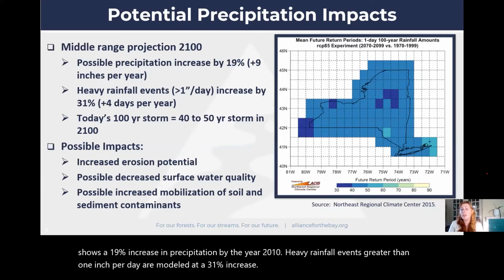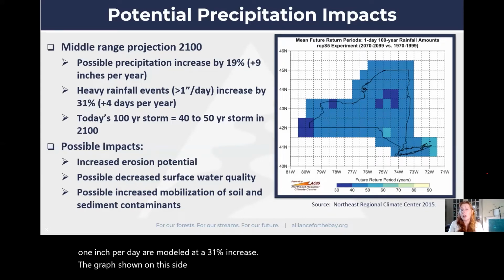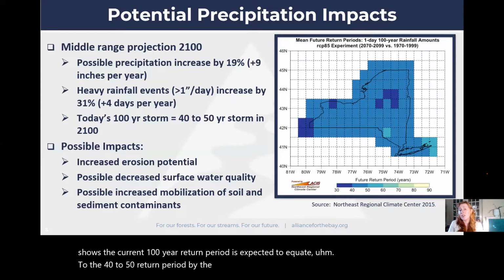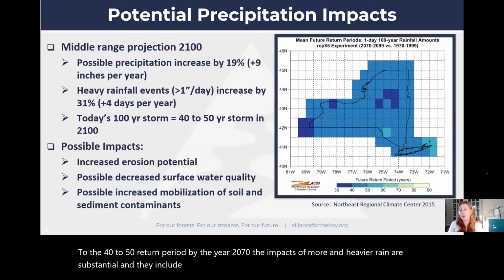The graph shown on this slide was produced by the Northeast Regional Climate Center and shows the current 100-year return period is expected to equate to the 40 to 50 return period by the year 2070. The impacts of more and heavier rain are substantial, and they include increased erosion, decreased water quality, and increased mobilization of contaminants.